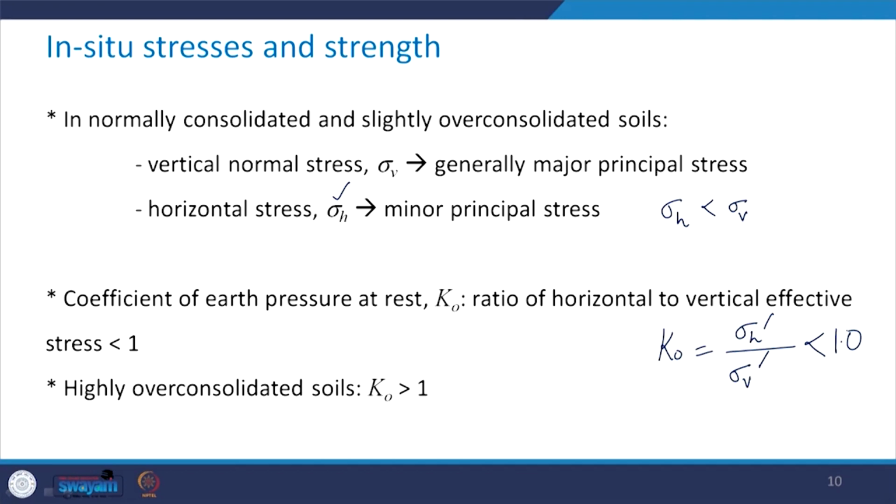But in case of highly over consolidated soils, this quantity becomes greater than 1.